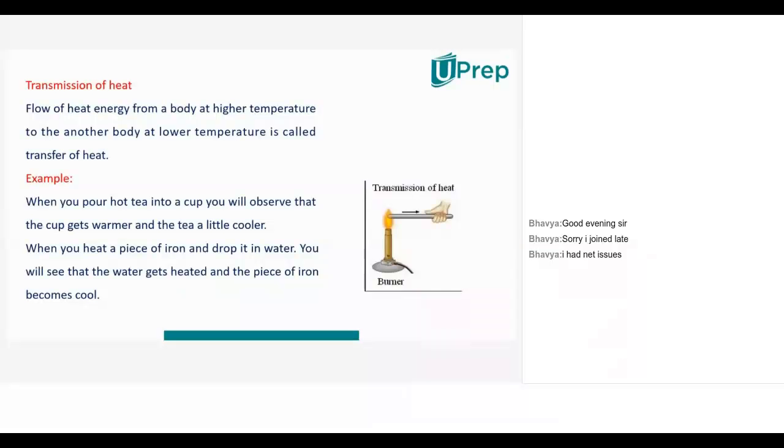Why it occurs in solids, I will explain when we learn about the other two methods. What are those other two methods? Convection and radiation. But first you have to understand conduction. So again, briefly tell me what you mean by conduction, what you understood?